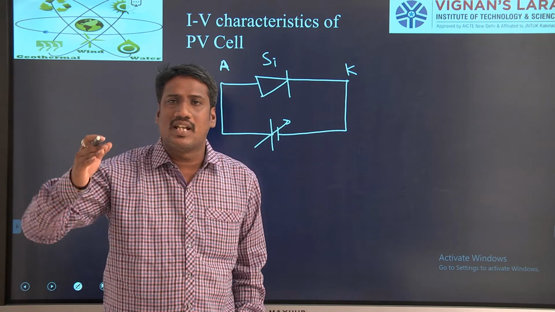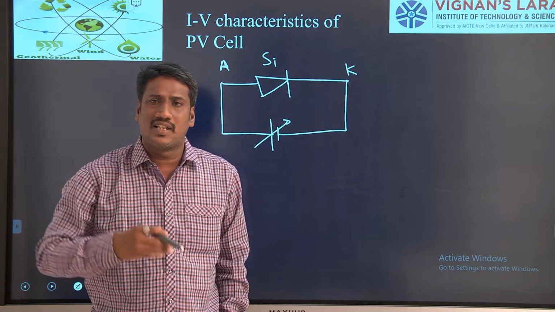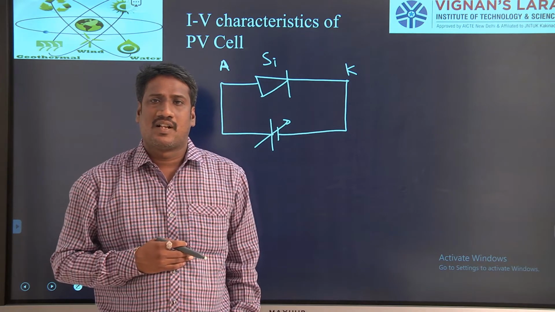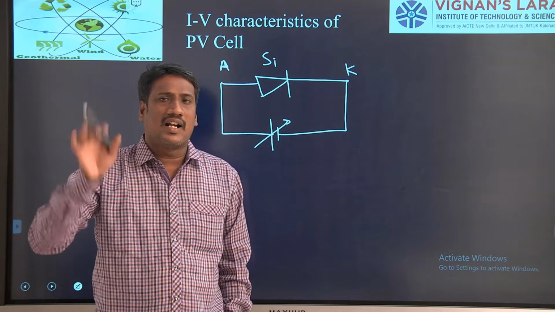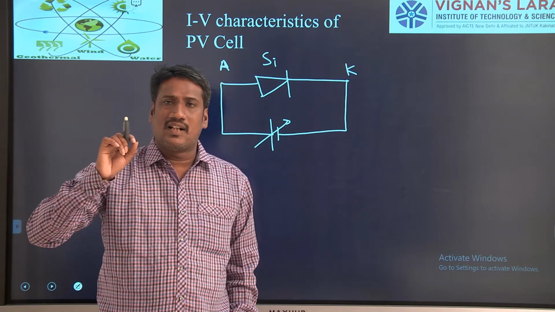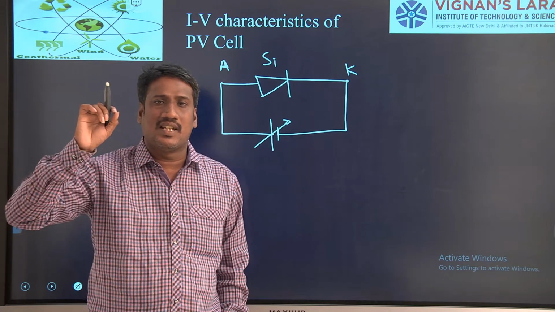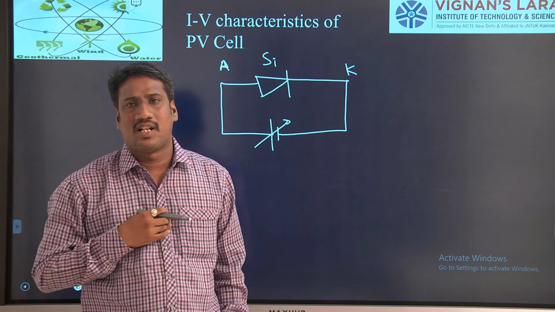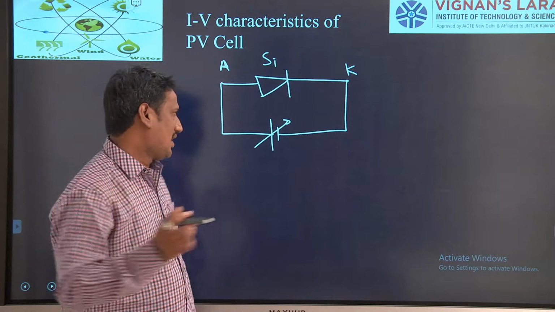When the applied voltage is 0.7, the diode starts conducting. After the cut-in voltage, the diode current increases in an exponential manner, which we can observe here.